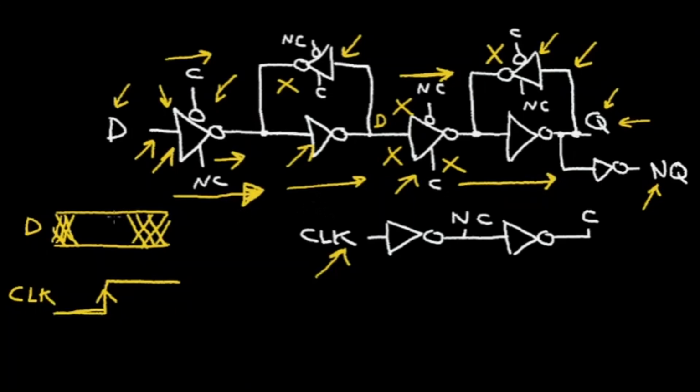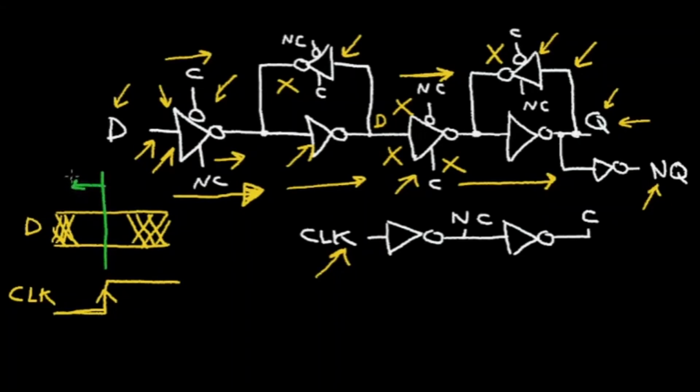So let's analyze the timing. So this is the instant when the clock transitions from low to high. When the clock signal is low, it's allowing the data to transition in. But I have a certain timing requirement here.